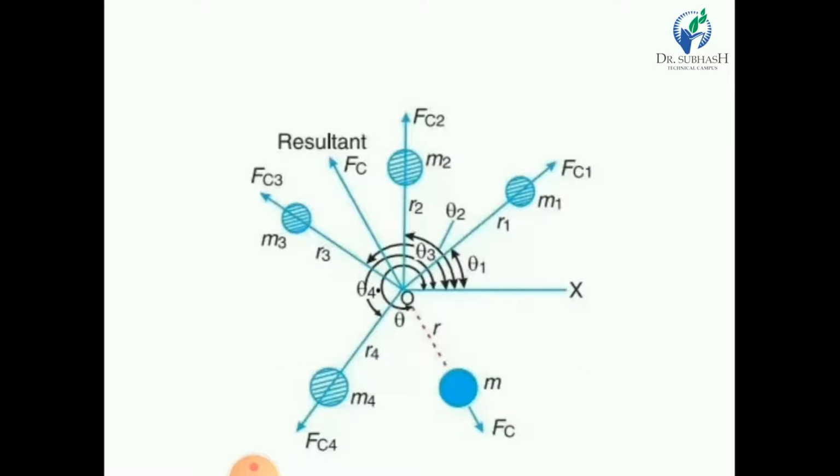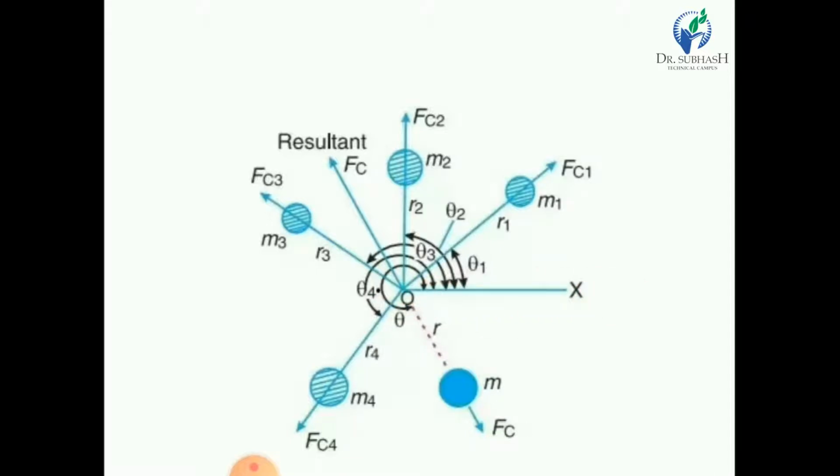So let us consider four masses as shown in the figure. This is a left hand side view. For the masses, this center O is the shaft, the neutral axis of the shaft. OX is the horizontal reference line.